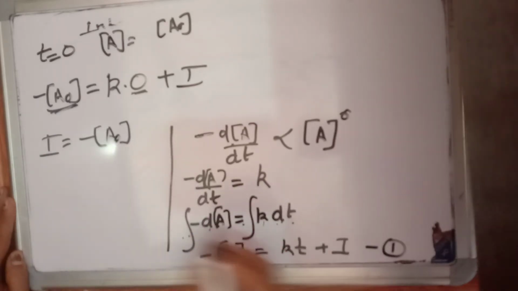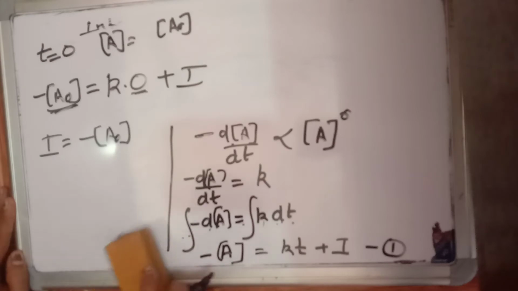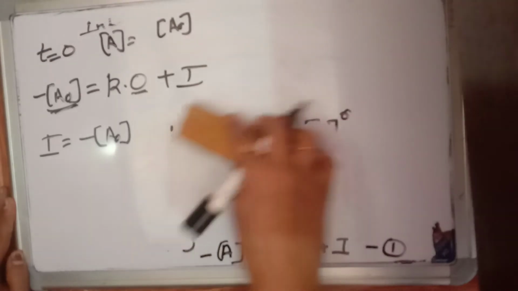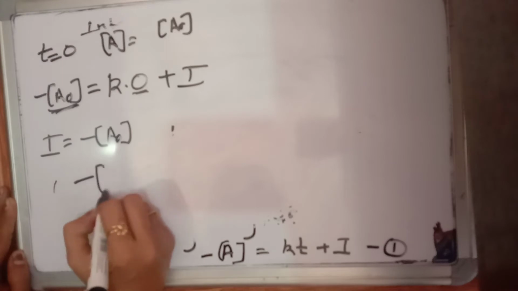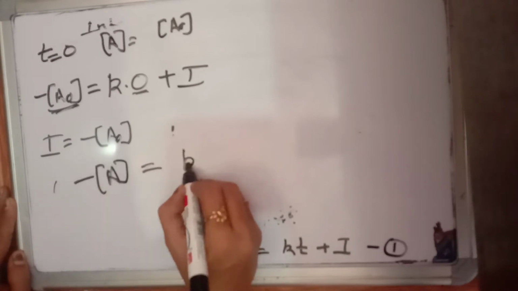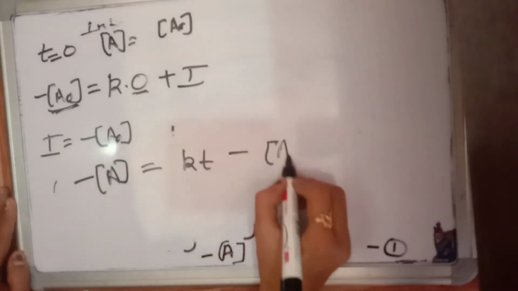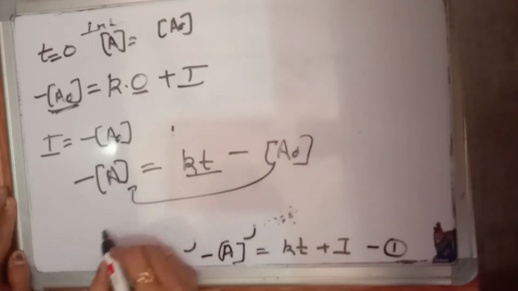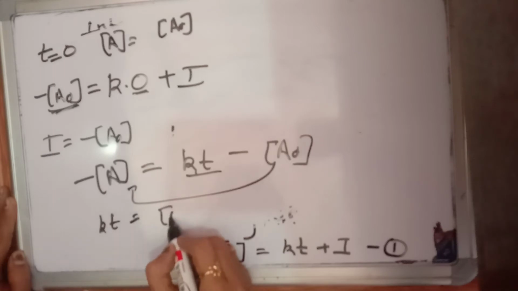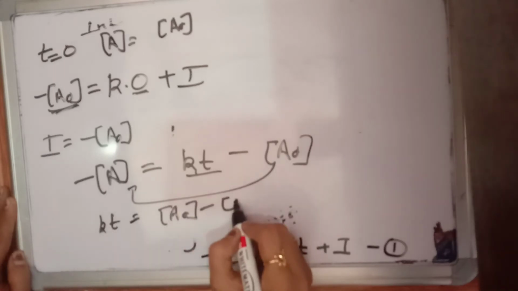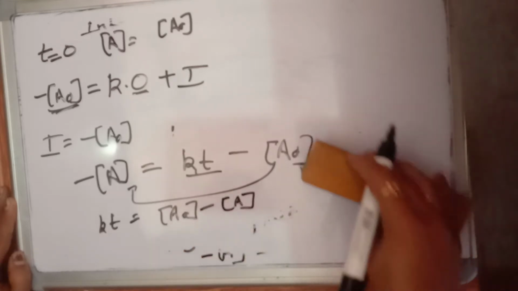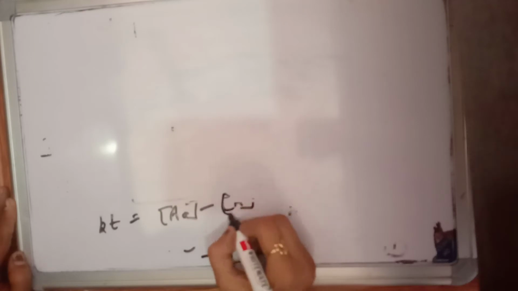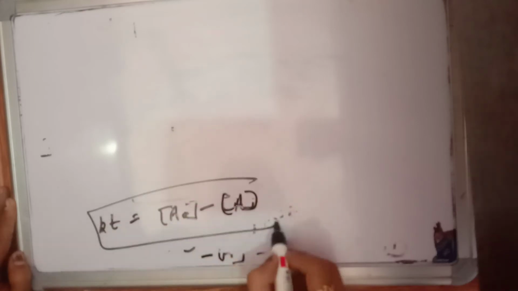So putting in 1, minus A is equal to kt minus A naught, or on rearranging we get kt is equal to A naught minus A. So this is my integrated rate expression for zero order reaction. kt is equal to A naught minus A. A naught is the initial concentration, A is the concentration at time T.